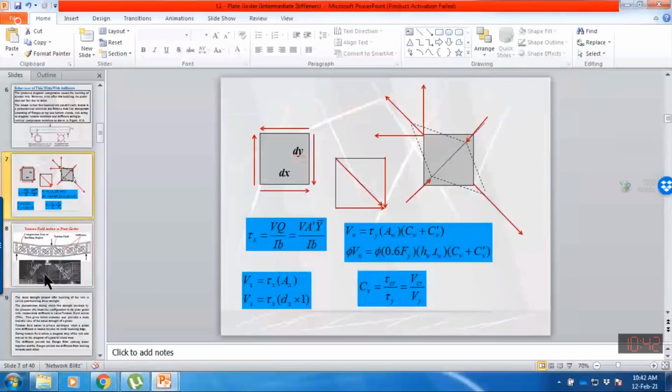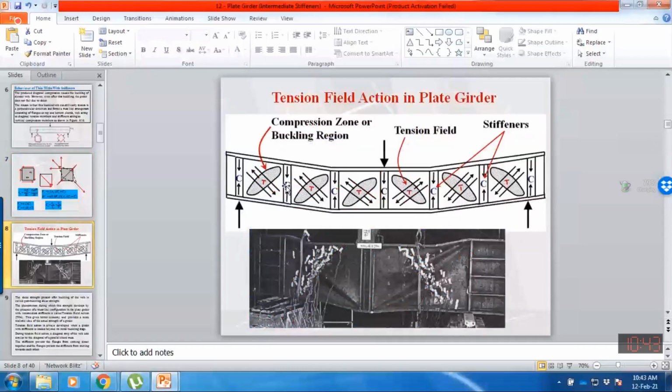So the intermediate stiffeners will have compressive force. If we are providing intermediate stiffeners, they resist the vertical component of this diagonal force which is developing in the web, and the flanges balance the horizontal component of this tensile force which is developing in the web. In this case, we have extra shear strength available.